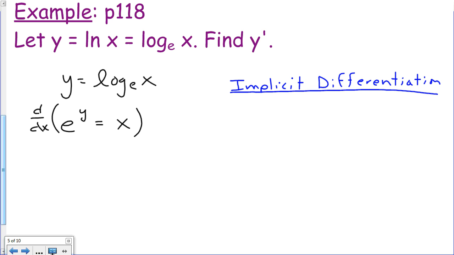Okay, we're going to talk more about implicit differentiation later on, but the reason why we call this implicit differentiation is because this is an implicit relationship now, and we call it an implicit relationship when it's not solved for y. It's not solved for your dependent variable. The rules of differentiation, though, still apply. We still follow the same rules. We just have to remember what those rules are, or at least I'm going to point them out to you here, that if you take the derivative with respect to x of that same variable x, we get 1.